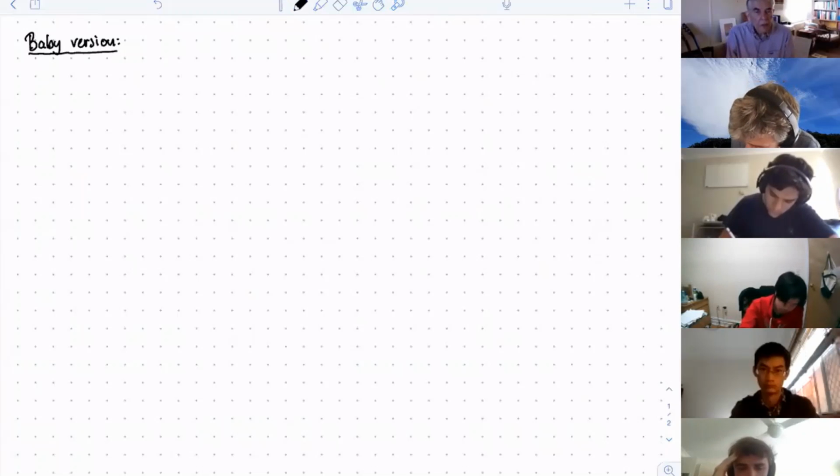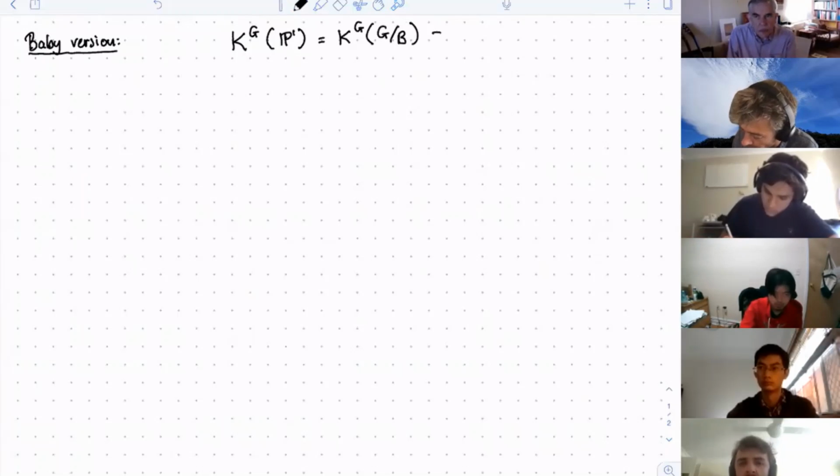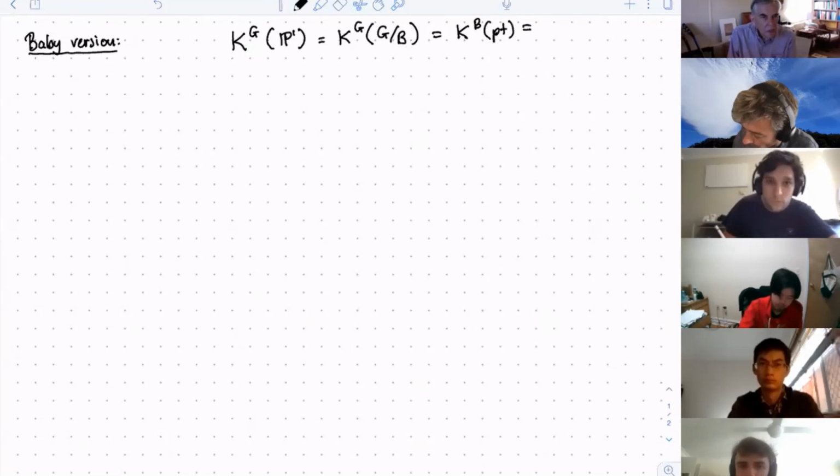As I've explained a number of times now, the equivariant K-theory of P1, which is G mod B, is the same thing as the B-equivariant K-theory of a point, which is Z[x, x inverse].